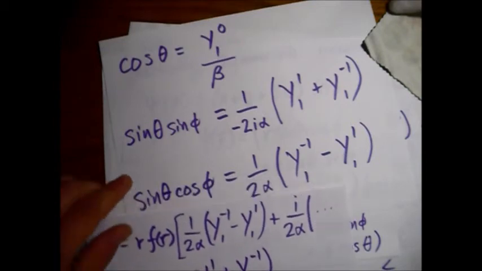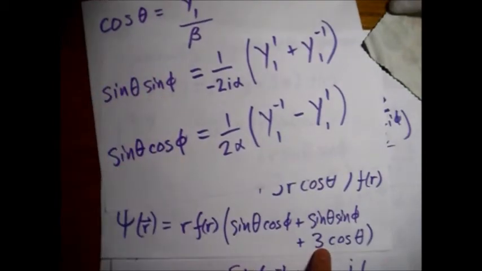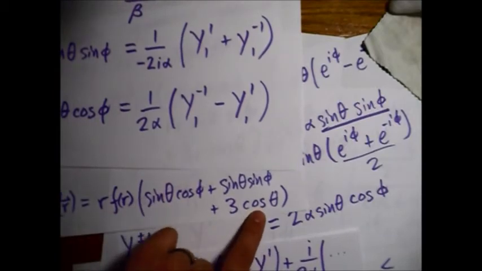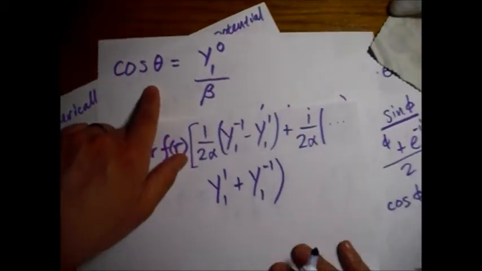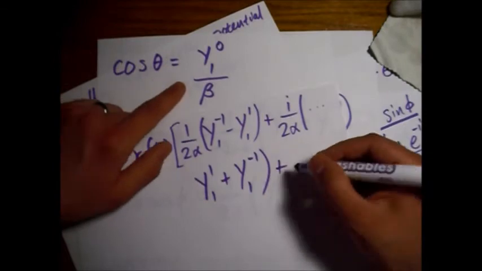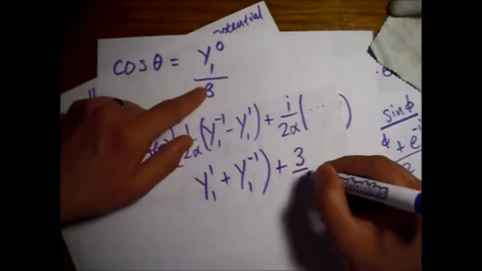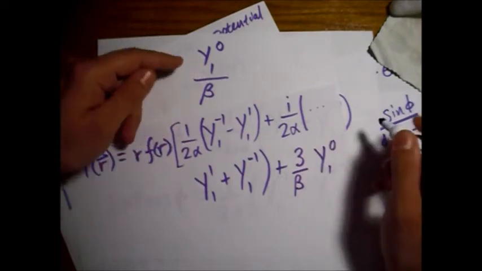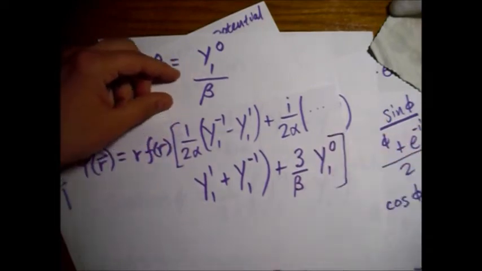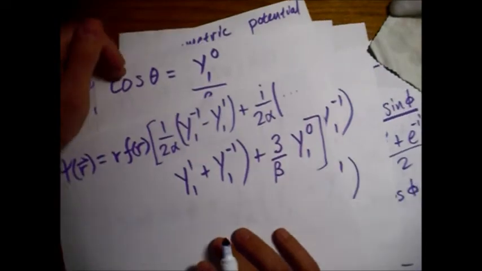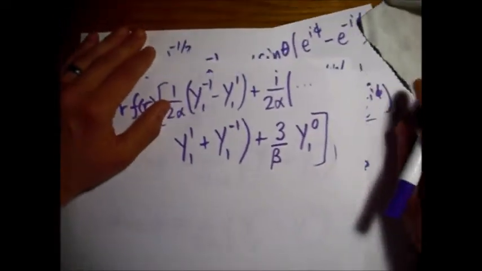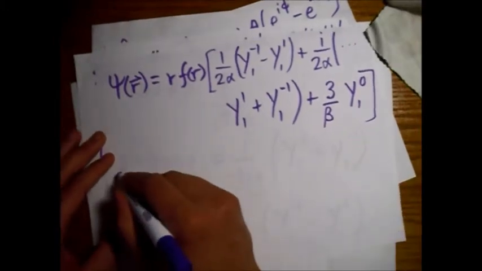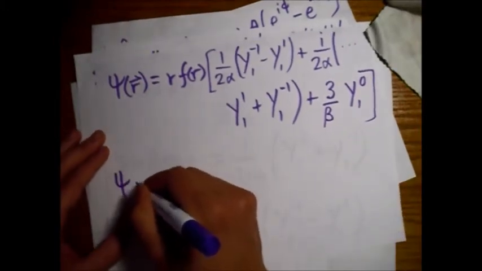And then our final term, we had 3 multiplied by the cosine of inverse cosine of theta, but we have a 3 over beta multiplied by Y1 0. So this is our wave function in terms of the spherical harmonics. All right. Let's see if we can make it a little prettier.